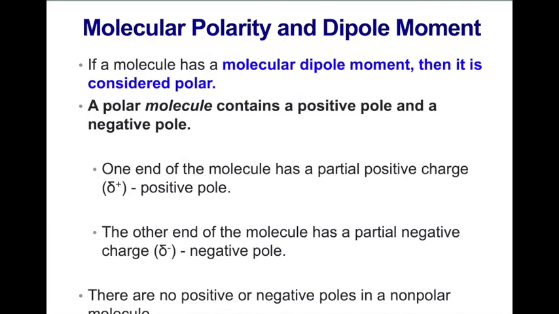So if our molecule has an overall molecular dipole moment, then the molecule overall is considered polar. So it's got that partial positive on one end, partial negative on the other. If you have a nonpolar molecule, then no negative or positive poles. Don't need to worry about it.